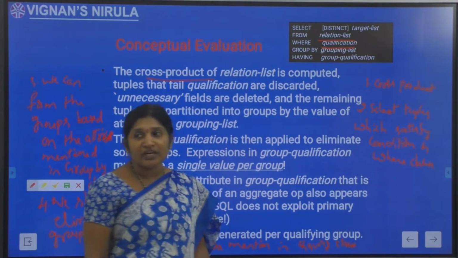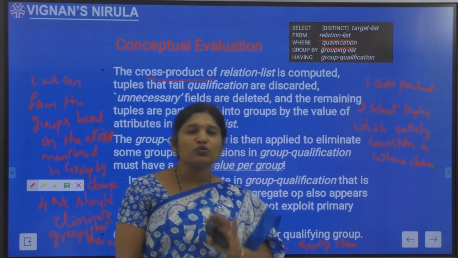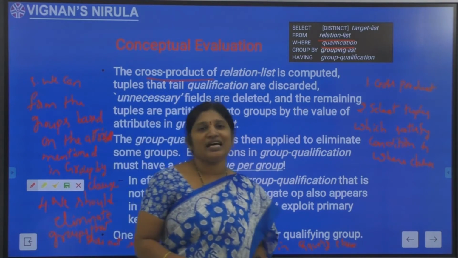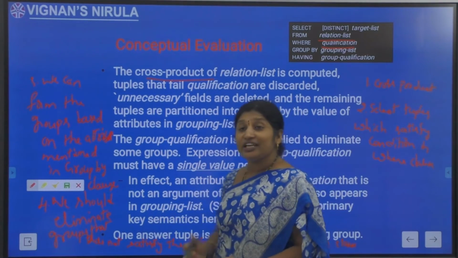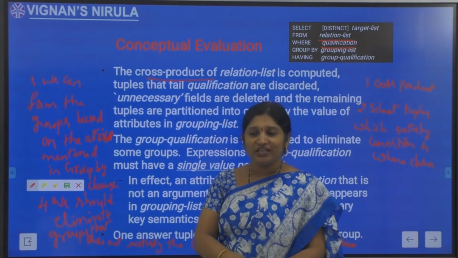After the groups have been formed, out of the formed groups, whichever groups satisfy the having clause criteria should remain. Those groups that don't satisfy the criteria mentioned in the having clause should be eliminated.